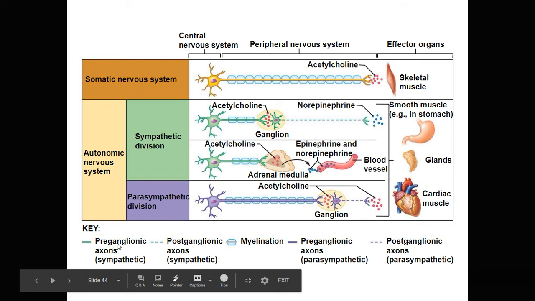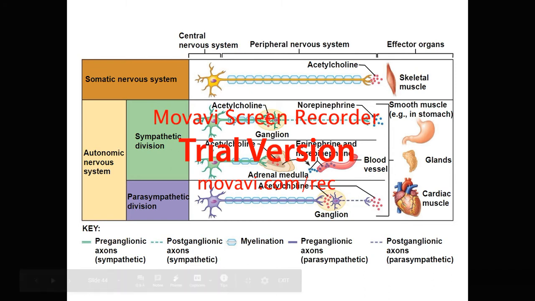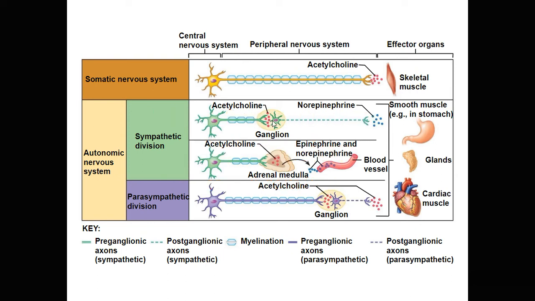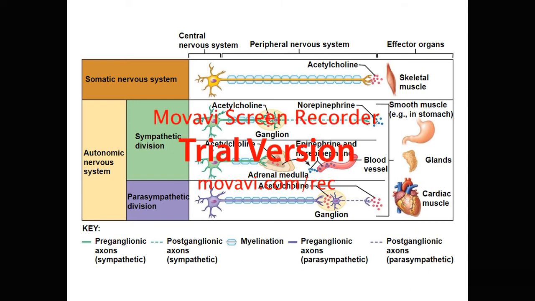This is the preganglionic axon, and the neurotransmitter for that is acetylcholine. Then you have your postganglionic axon, and the neurotransmitter at the end of this one is norepinephrine, and then you see the effector organs, smooth muscles in the stomach, and so forth.